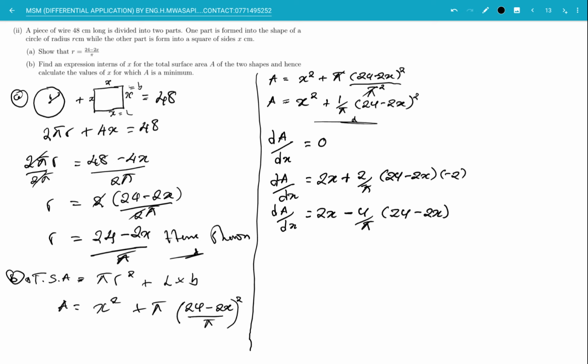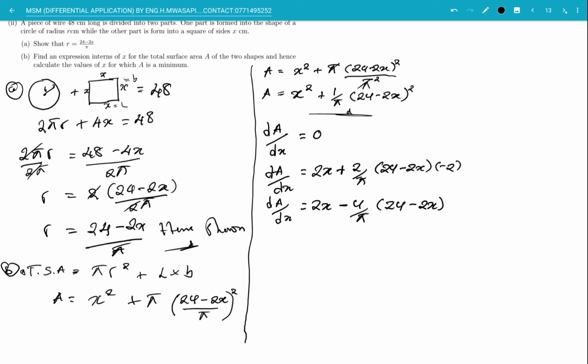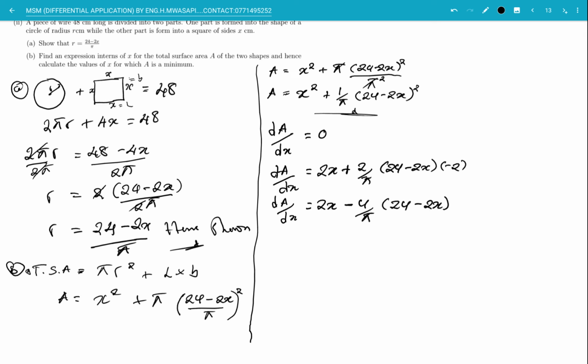Now the job that we have at hand is equating dA/dx to 0. So when we do that, we're going to have 2x minus 4 over pi multiplied by (24 minus 2x) equal to 0. Okay, so we can expand the second part.